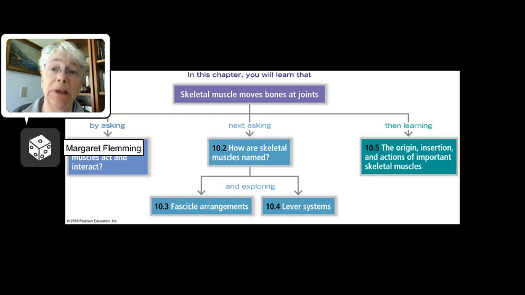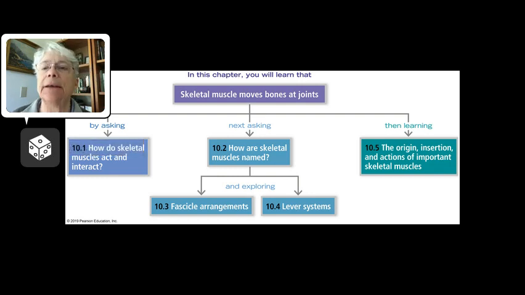Chapter 9 really got into especially skeletal muscle, taking a deep look at how skeletal muscle is built on a molecular level and how it works. Chapter 10 is a little easier when it comes to physiology, but we will be taking a look at the anatomy in terms of individual muscles.